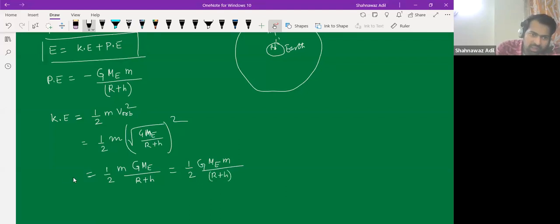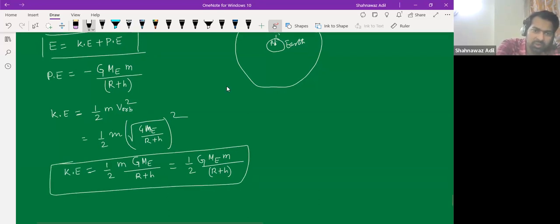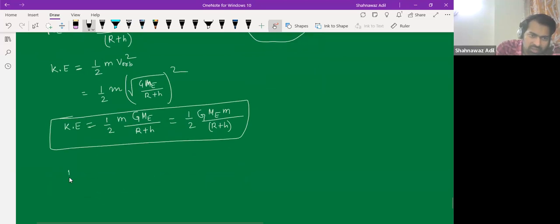Now, as we know, total energy would be kinetic energy plus potential energy.